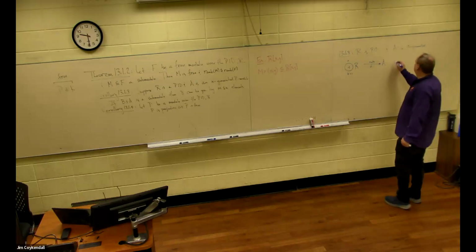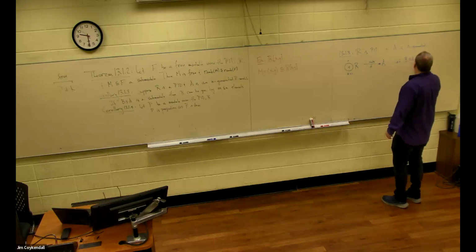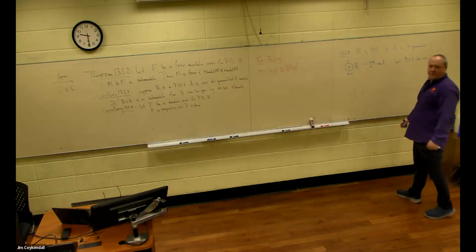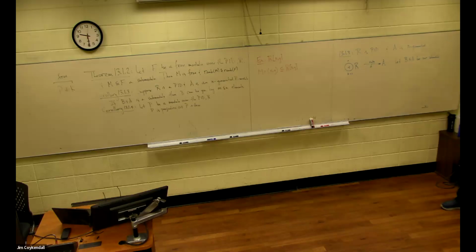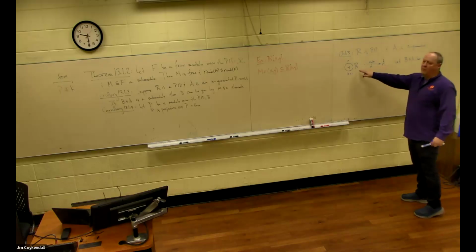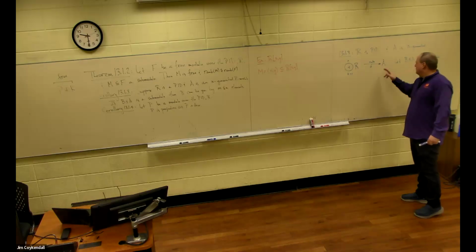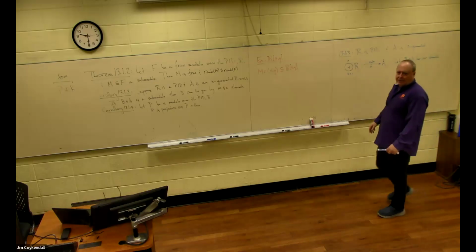Well, let B in A be our submodule. So what we're trying to do is show that, since A is n-generated, it's the homomorphic image of n copies of this. Let B be a submodule of A.